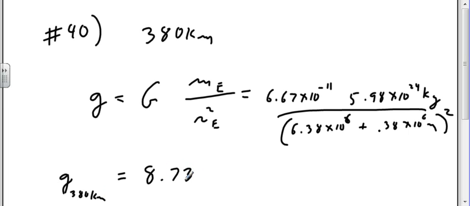Or is it 37? Nope, 8.73 meters per second squared.